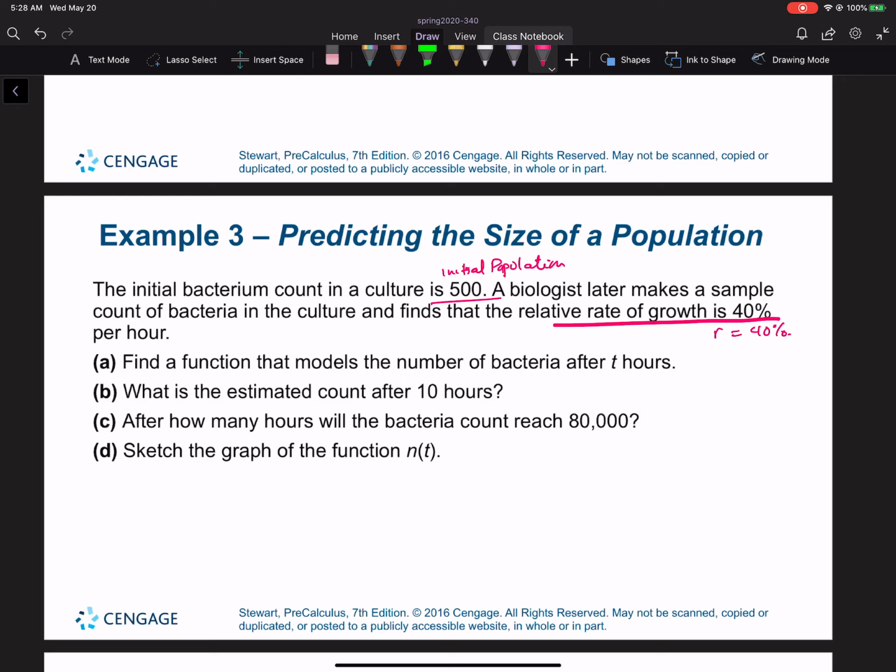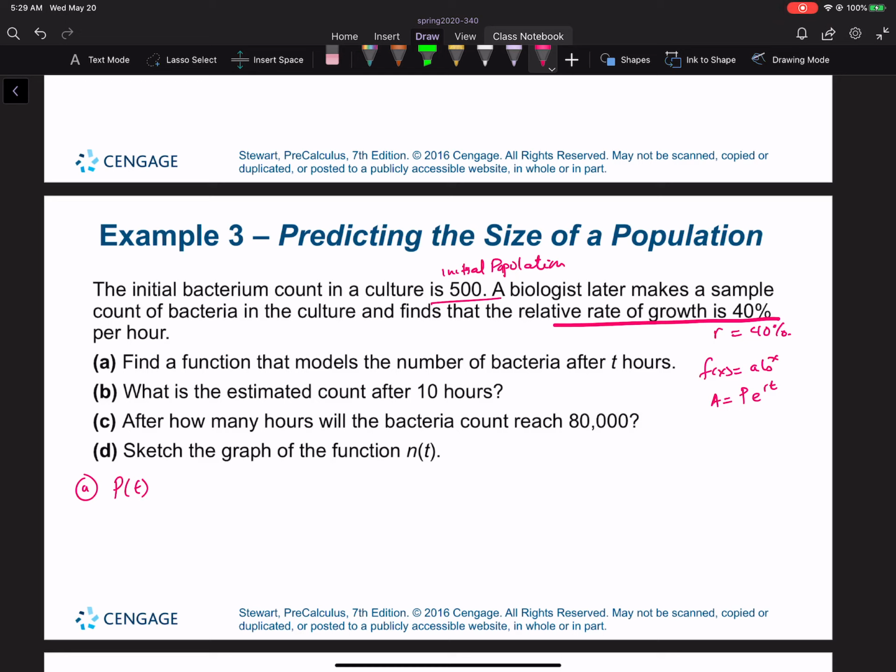So I cannot model it after f of x is equal to a b to the x. I have to go use Pert. I have to use the Pert expression because it tells me about the relative growth rate, which is amount is equal to P e to the rt. So to solve A, I know that my initial amount is P, because it's a population problem.